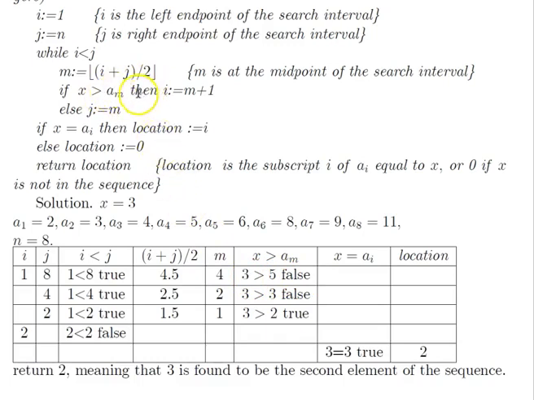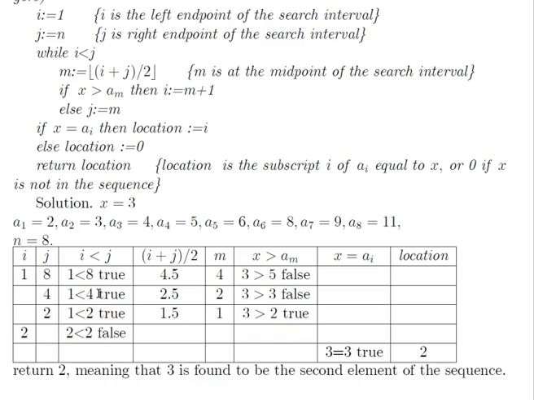So we don't do the statement after then, we do the statement after else. j takes the value of m, which is 4. So I have these values, i and j now, 1 and 4.